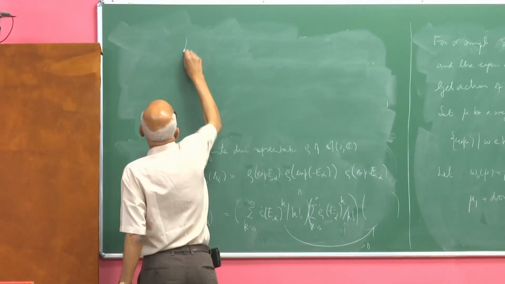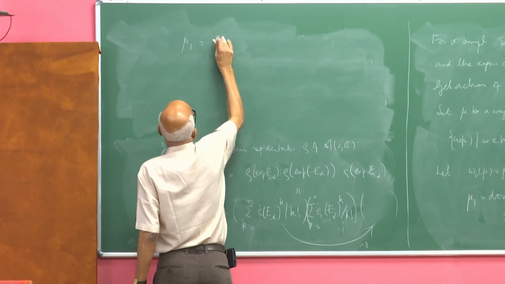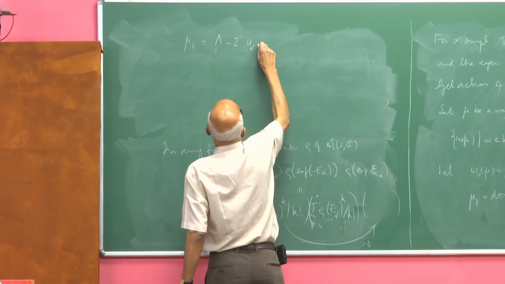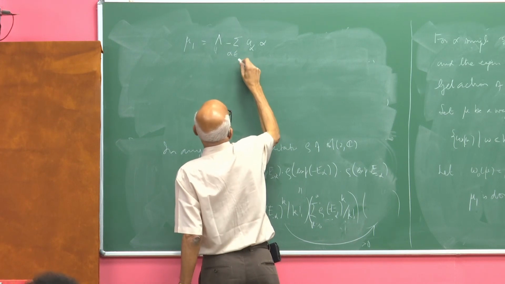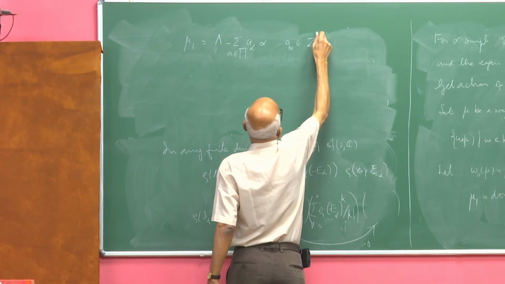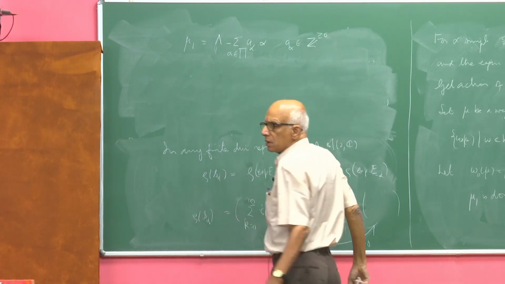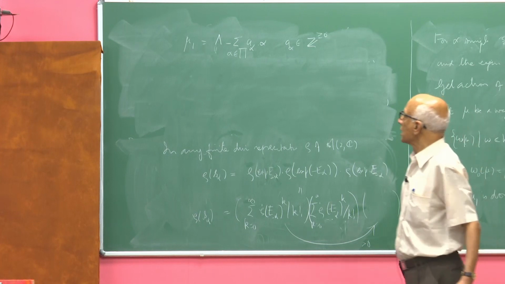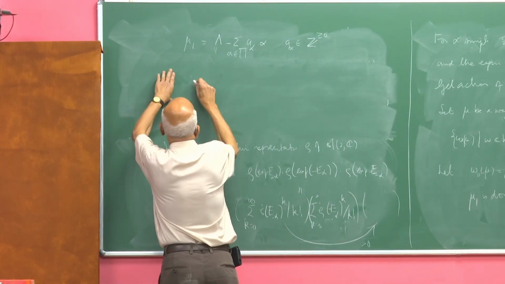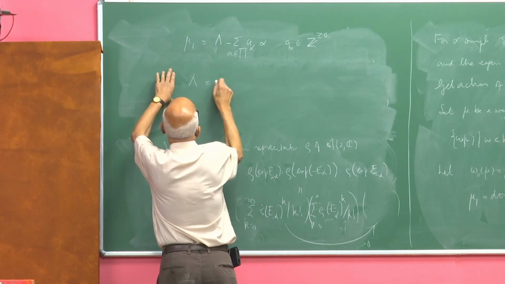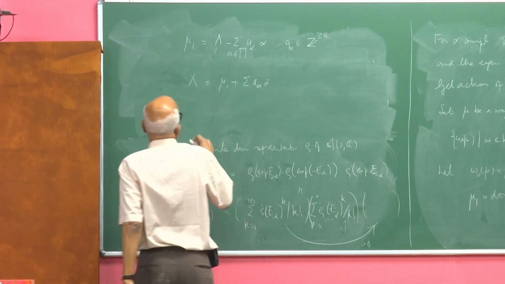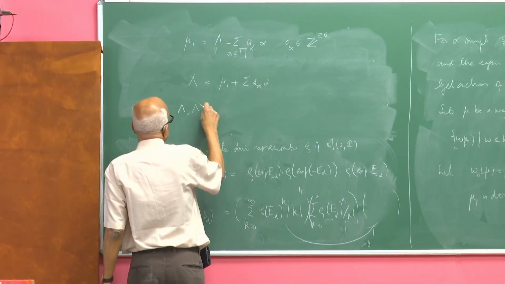We know that mu 1 is necessarily of the form lambda minus the sum of a alpha times alpha, alpha in pi, with a alpha integers greater than or equal to 0. Or equivalently, lambda equals mu 1 plus the sum of a alpha alpha. Now let us look at what is lambda lambda.